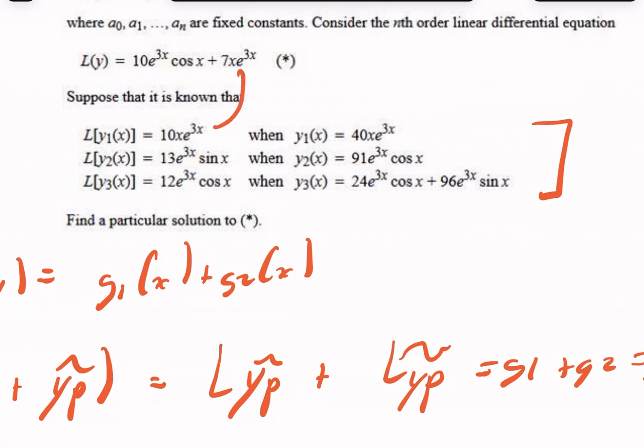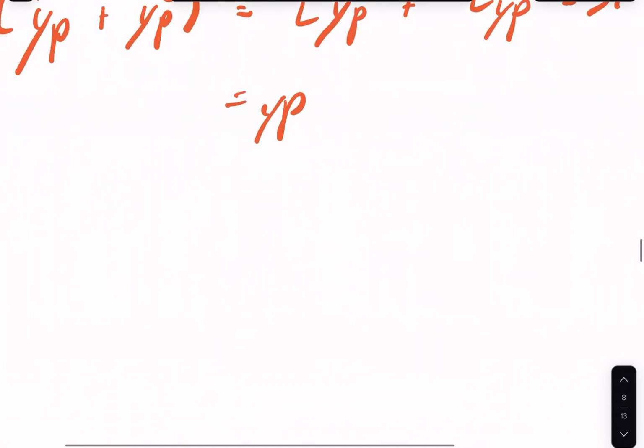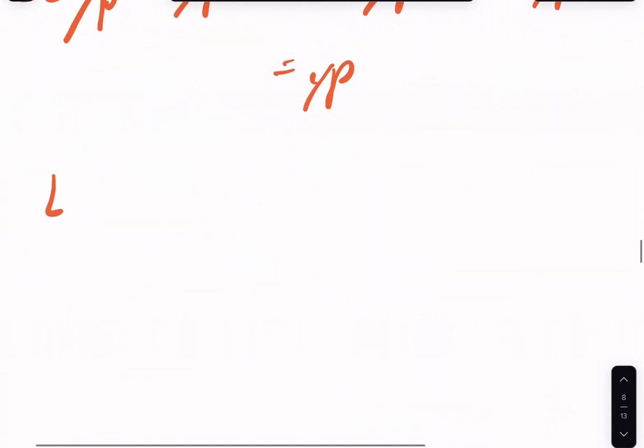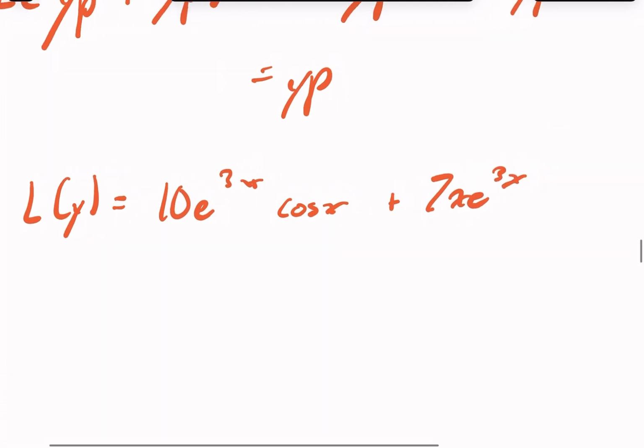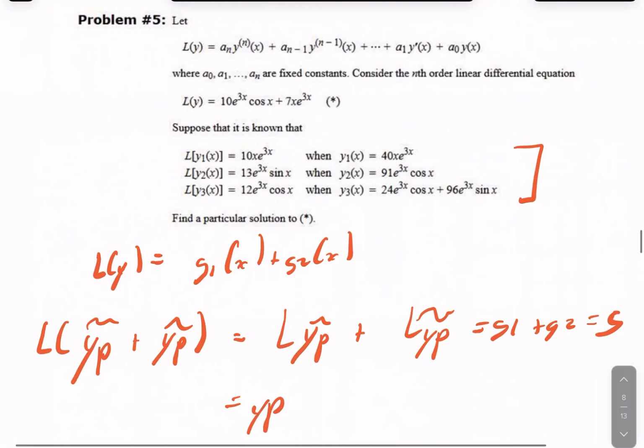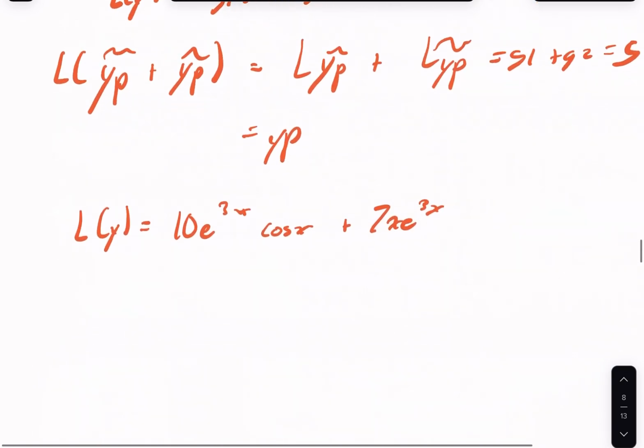If I multiply by a certain number, I'll get exactly what I need. So let's get straight to it. Now, if my equation is L at y equals 10e^(3x) cos x plus 7x e^(3x), we know that this is L at y.